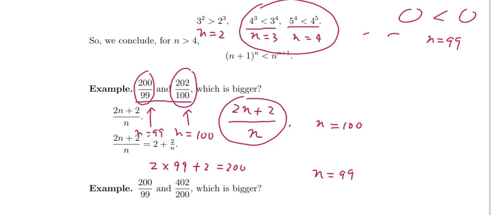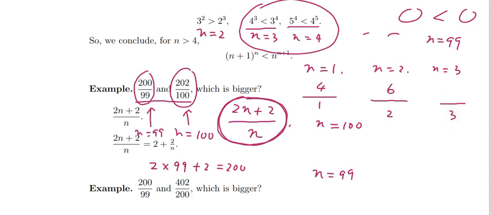Okay, so we want to find how those numbers change. So we just check some numbers: n equals 1, n equals 2, n equals 3, like that, right? If n equals 1, this number equals 2 times 1 plus 2, which is 4. n equals 2, this is 2 times 2 plus 2, which is 6, right? n equals 3, this is 2 times 3 plus 2, 8.